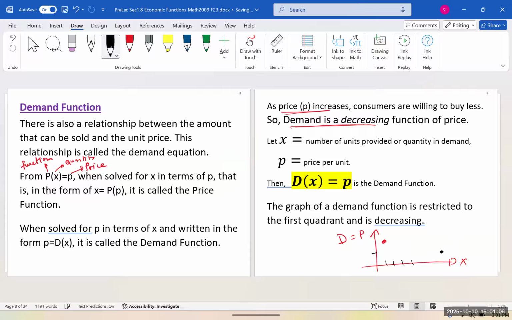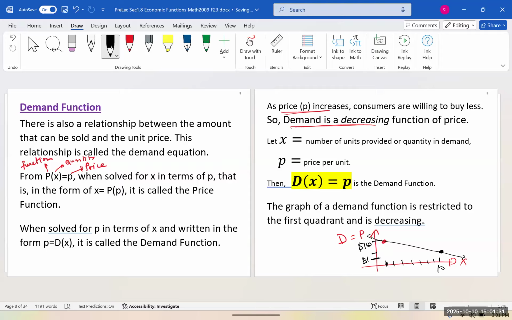If it's $10, you want to buy only one item. But if it's $1, then definitely you'd like to buy 10 of them, even though you don't need 10, because you want to spend the $10 and get more items. So this function is a decreasing function.